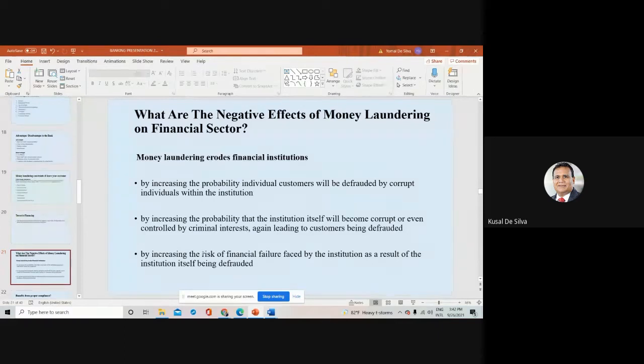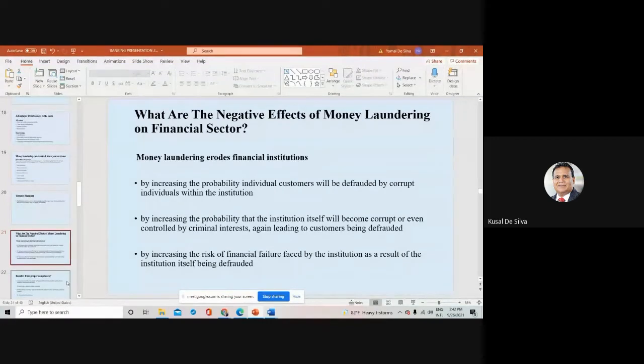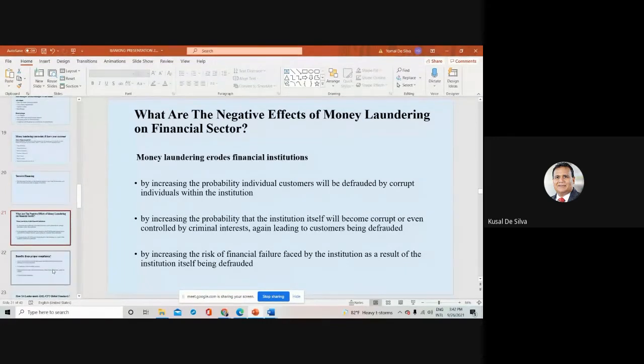So therefore it is very important to have proper systems and controls in place to monitor money laundering and terrorist financing activities.